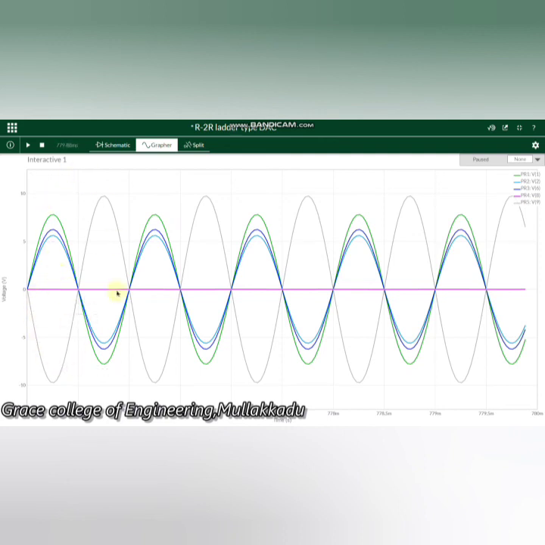This gray line indicates the final analog output value, and the light blue, dark blue and green lines indicate the input values given through each R2R network to the operational amplifier output after giving the digital input value.